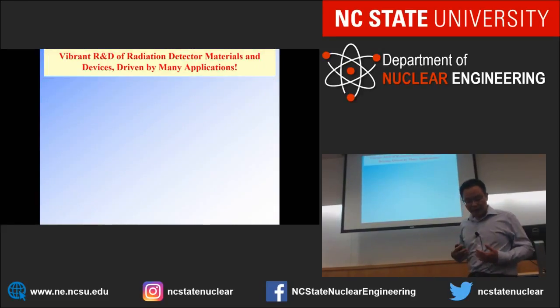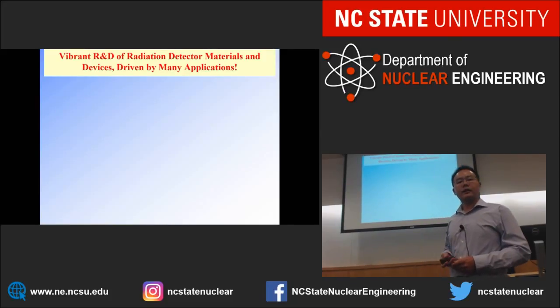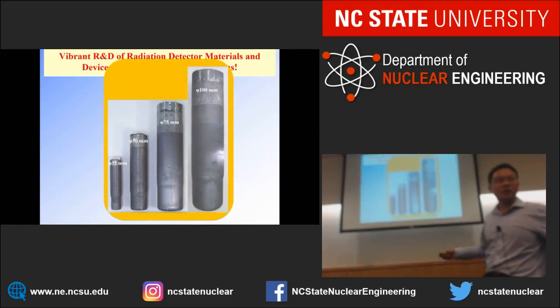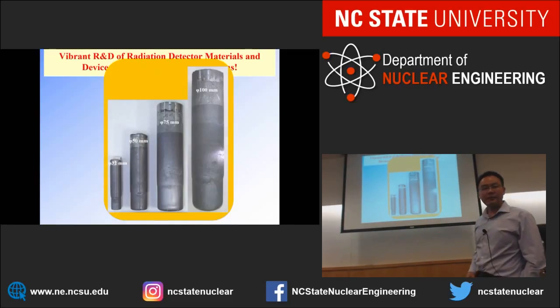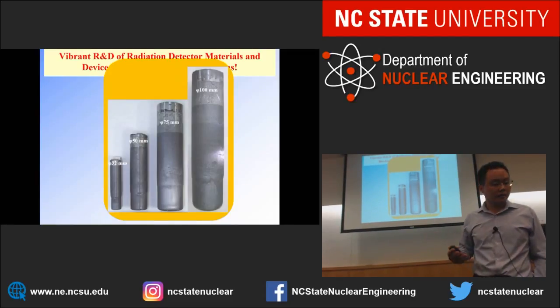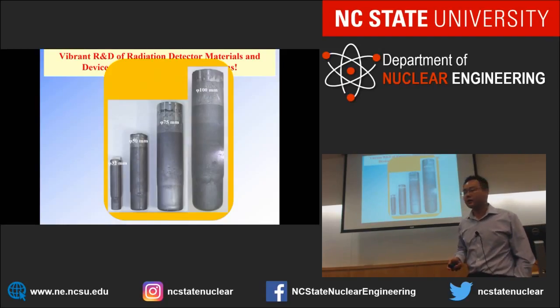I want you to get an idea of how you can make a good detector. It all starts from detector material growth; this is an example of some compound semiconductors. Of course, we can also work on scintillator materials and so on, also some neutron detectors.